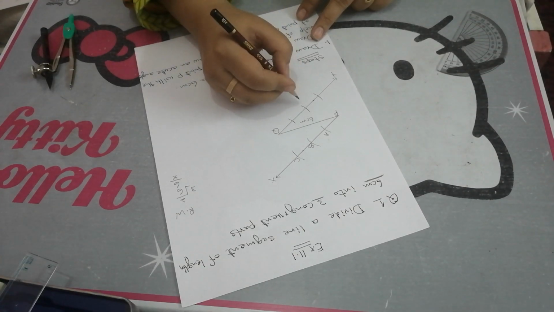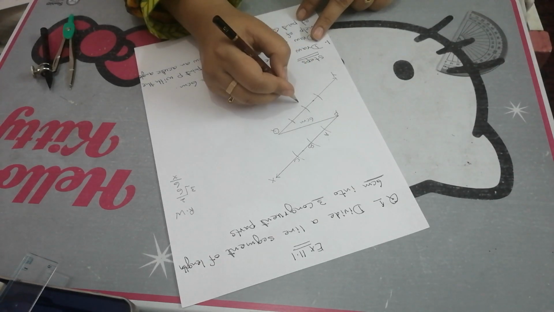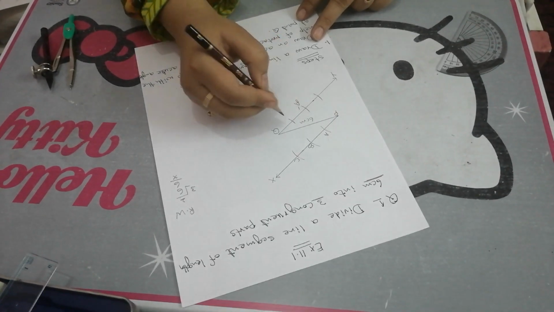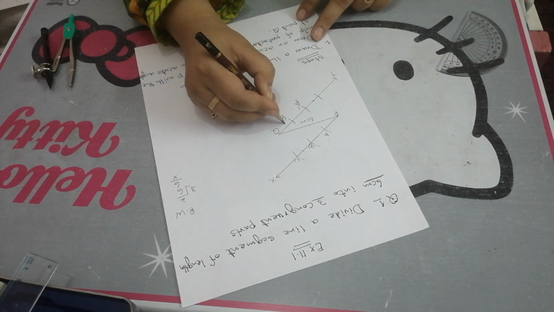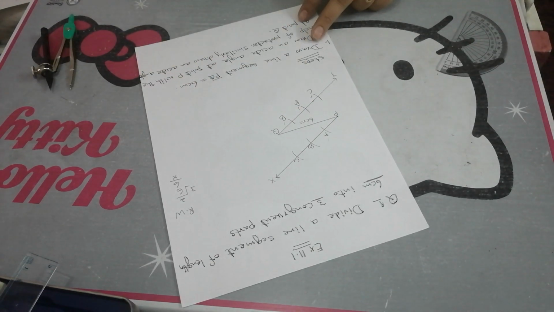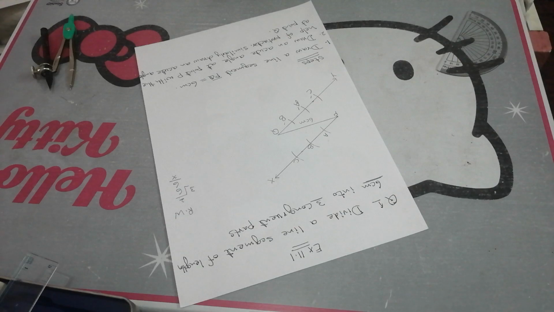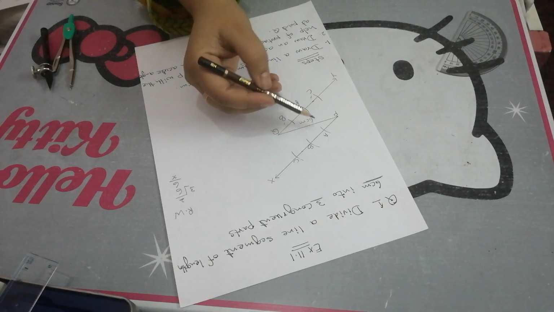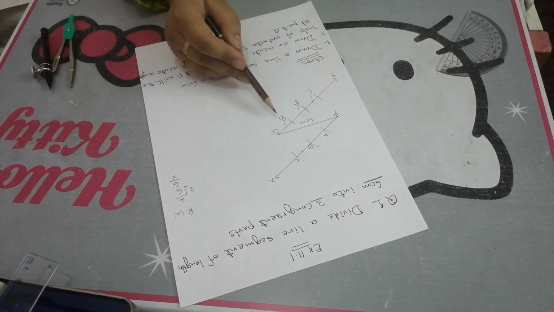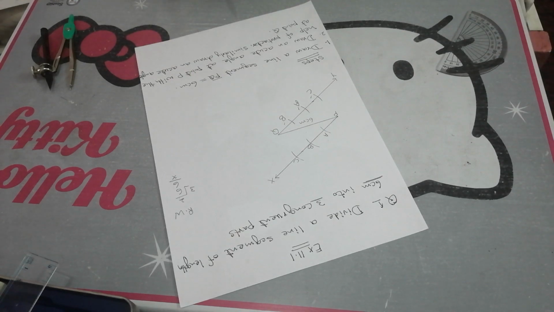So that is A, in front of A is A bar, in front of B is B bar, and this is C bar. You can give them any name. So I gave them the names A, B, C, and here B bar, A bar, and C bar.